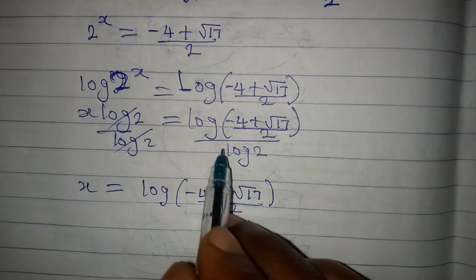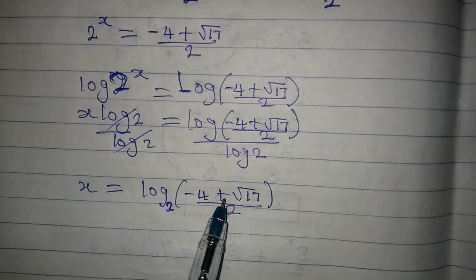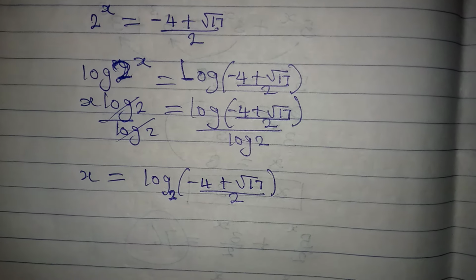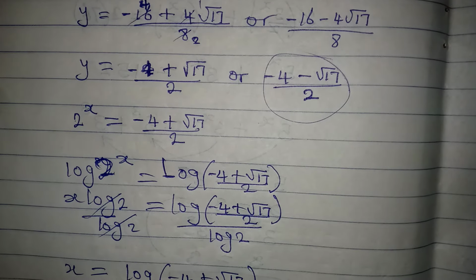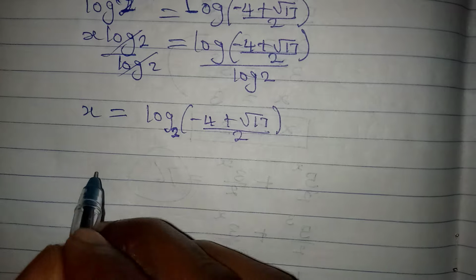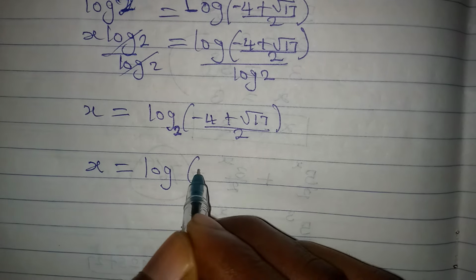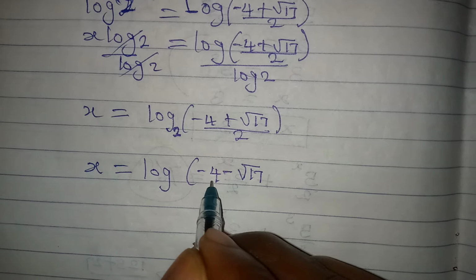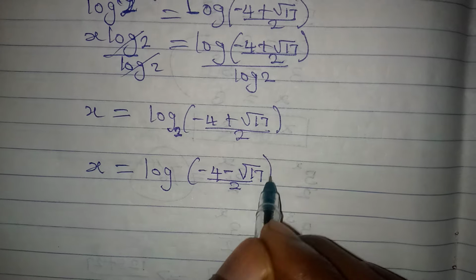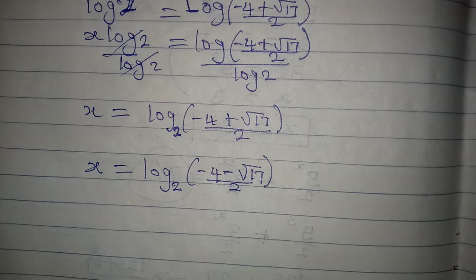Now, because they're having the same base, this will become the base of this. So we have this to base 2. Then, if we work with this particular value, then our x will still be equal to log of minus 4 minus square root of 17 over 2 to base 2. The only difference is the negative and the positive, right?